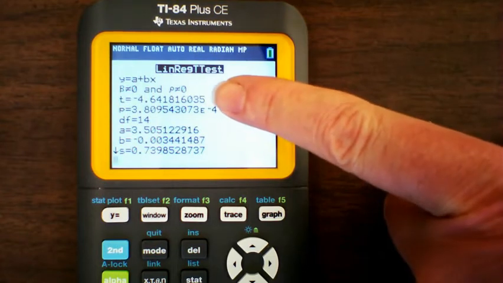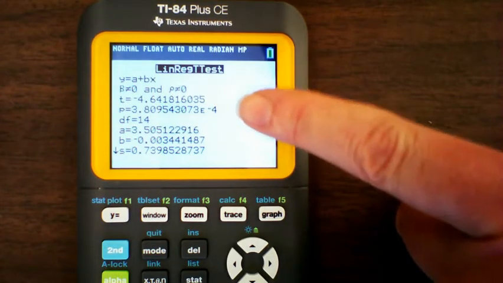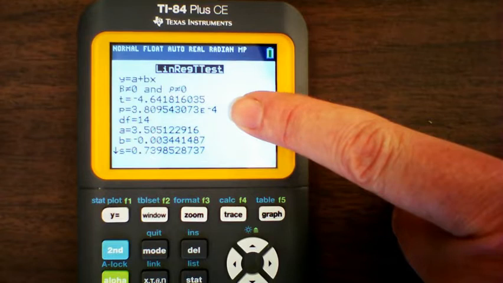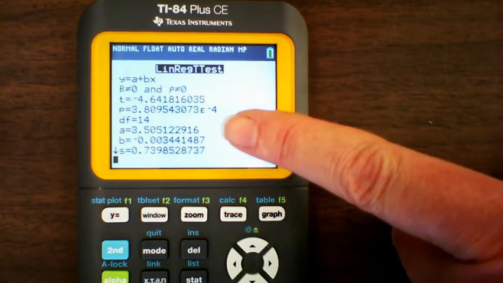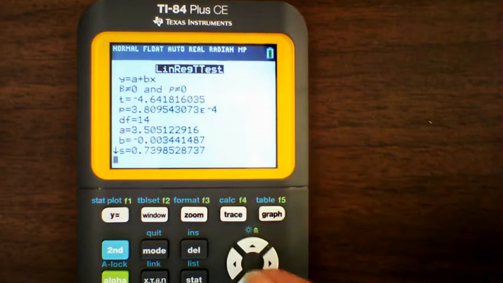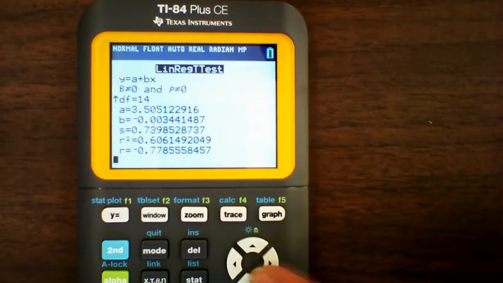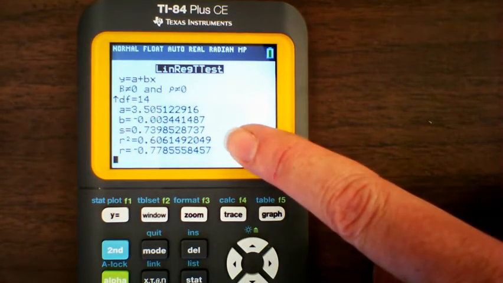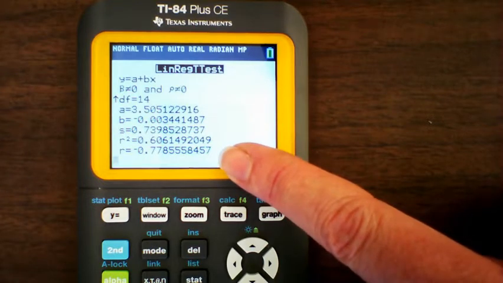There's my t-test statistic. There's my p-value. Again, the degrees of freedom is 14. And then you can see here's the y-intercept and the slope as predicted by the model, the standard error for the residuals, and again, the coefficient of determination and correlation coefficient.